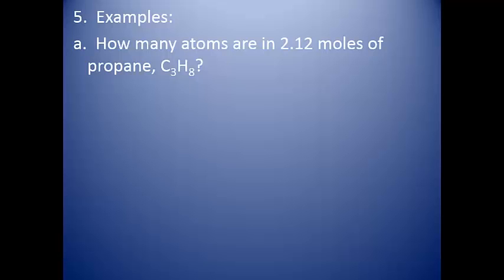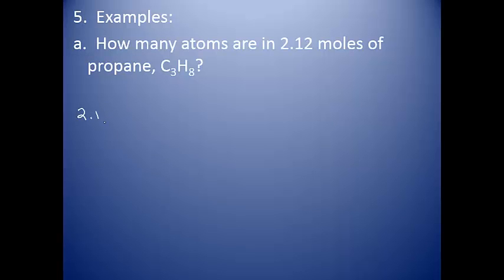Now, we're going to be doing some conversions so that we can practice using our new Avogadro's number, 6.02 times 10 to the 23rd. And we're going to be converting how many atoms there are in a certain number of moles of propane. How many atoms are in 2.12 moles of propane? So again, we're going to start with what we know.